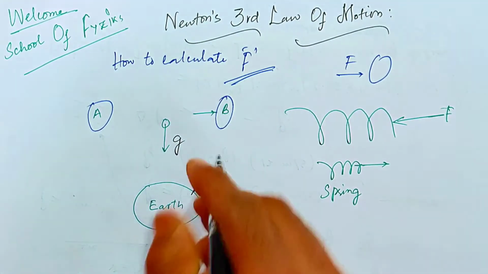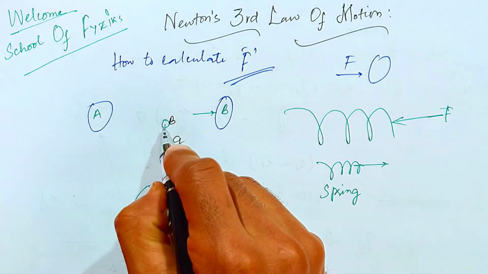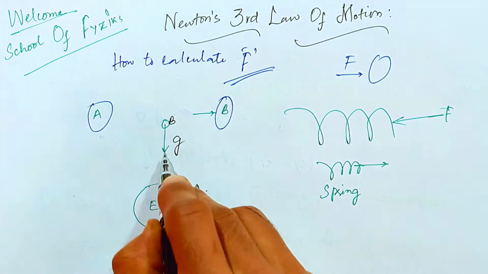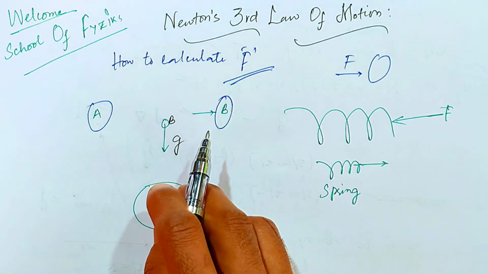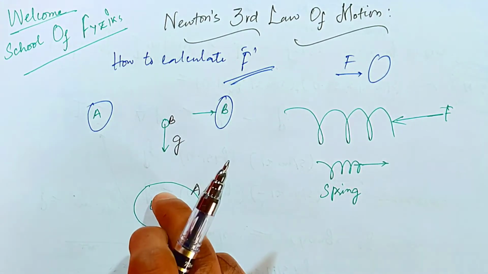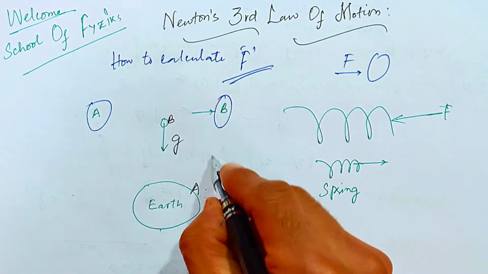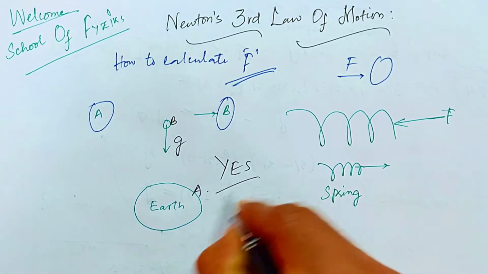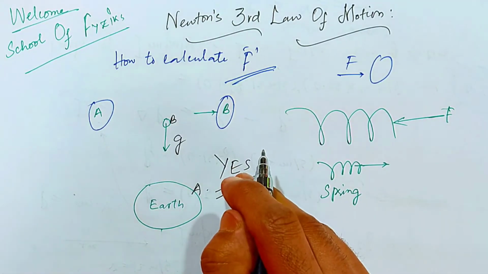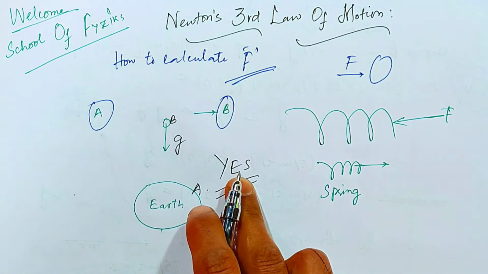If this is a body A and this is a body B, what about if A is applying a gravitational force on B? Is B also applying the same force on a body like the Earth? The answer is yes.